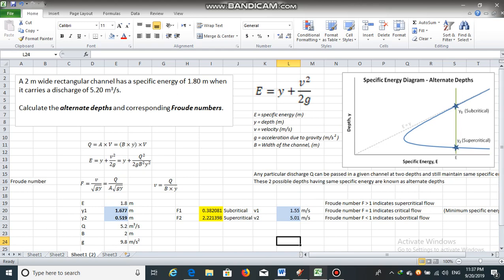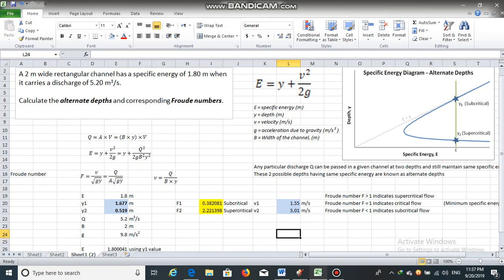So a 2-meter wide rectangular channel having 1.80 meters of specific energy, when it carries a discharge of 5.20 meter cube per second, will have two alternate depths, 1.677 and 0.519, and these are the corresponding Froude numbers.